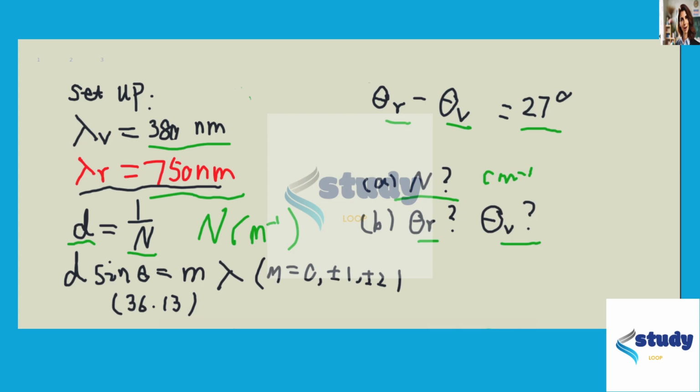To solve this problem, it addresses the formula 36-17, which says the distance d times sine theta equals m, an integer, times the wavelength of light, lambda. For our first order diffraction, we are going to solve for sine theta 1, which means m equals 1.